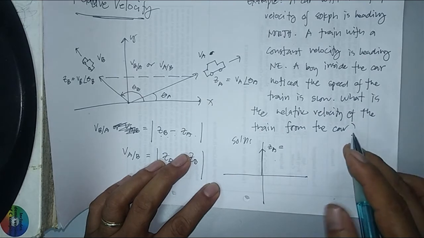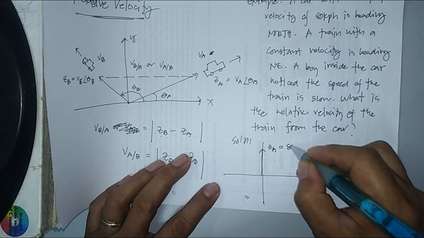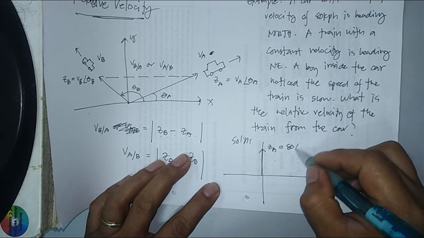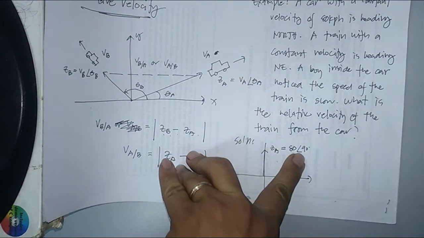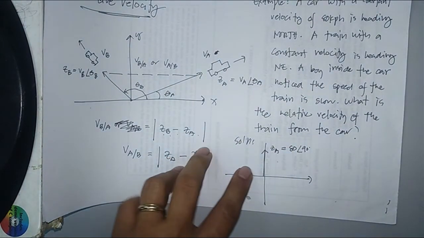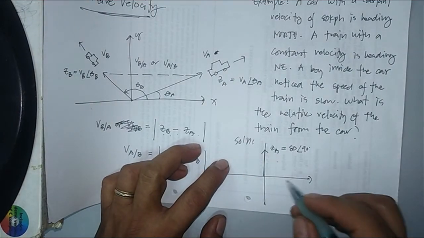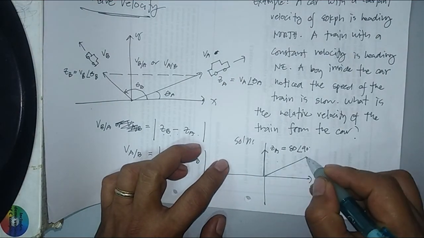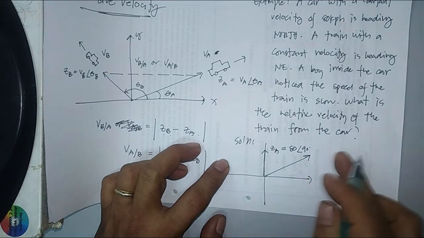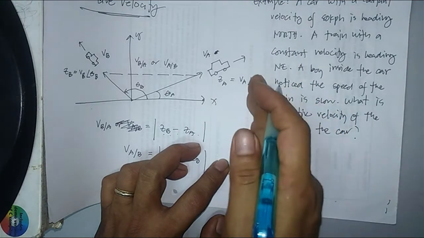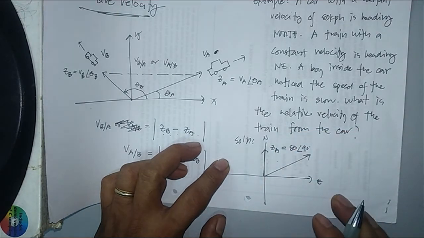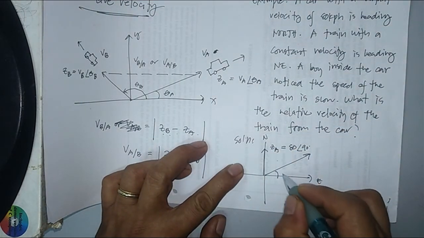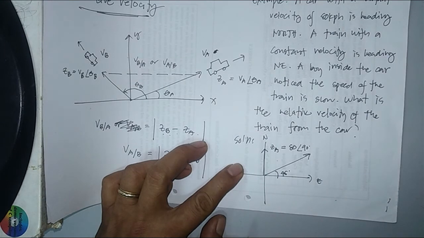So the velocity of the car is 80 kilometers per hour. That is 80 angle of, since it is heading north, 90 degrees. Then a train going in this direction, northeast. Take note, this is east and this is your north. Going in this direction, the angle here is 45 degrees.